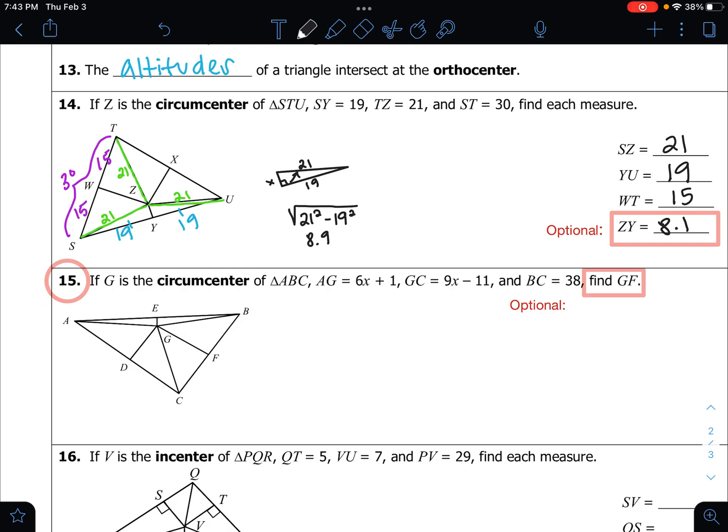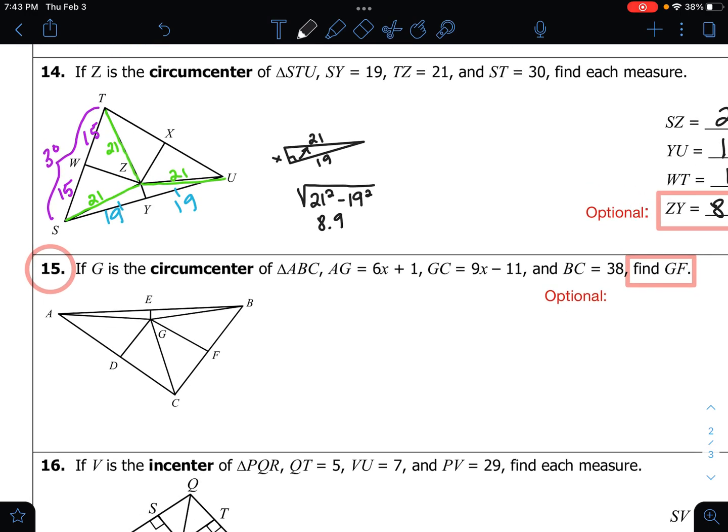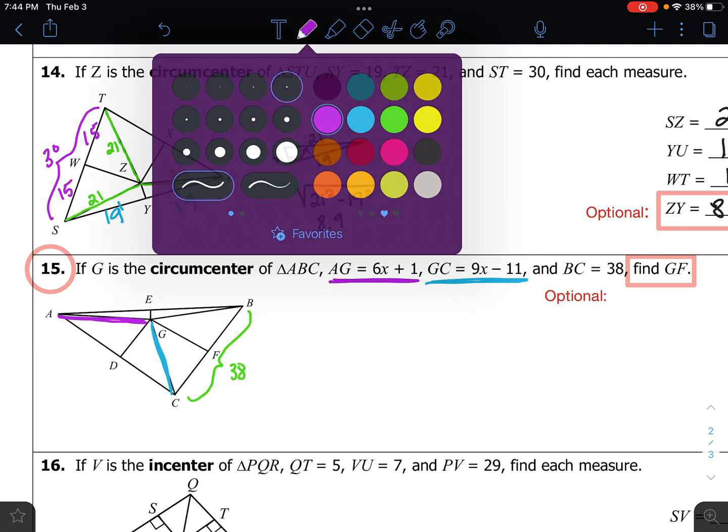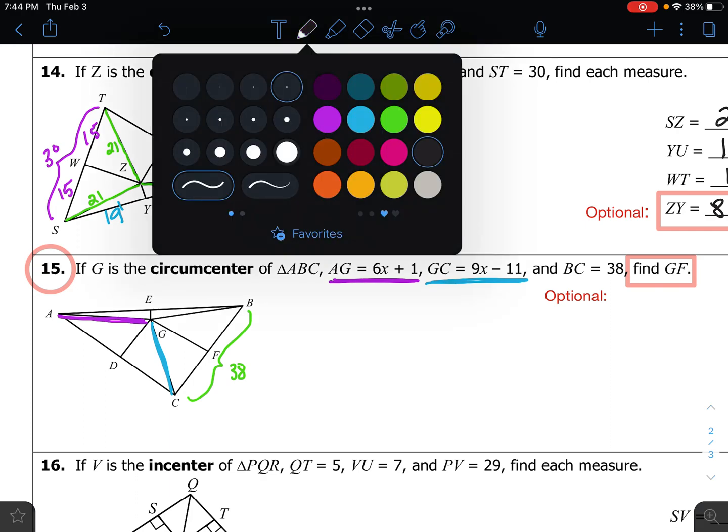For this one, I'll do it. All right, AG is where? Okay, so this is AG. I'm not writing all that down, so I'm just going to use colors. GC is here. All right, so that's part equals part. And then BC is there. I don't think we're going to need that for this because I'm not doing Pythagorean Theorem on this one, so we'll just stick with the purple and blue because those are part equals part.